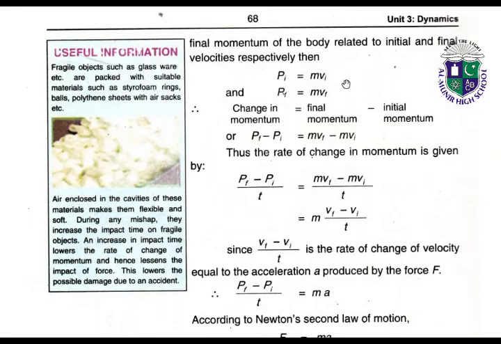So pi is the initial momentum, m times vi. Final momentum is shown by pf, which is m times the final velocity vf. So change in momentum, final momentum minus initial momentum, is equal to m times (vf minus vi). Thus the rate of change in momentum is given as this.